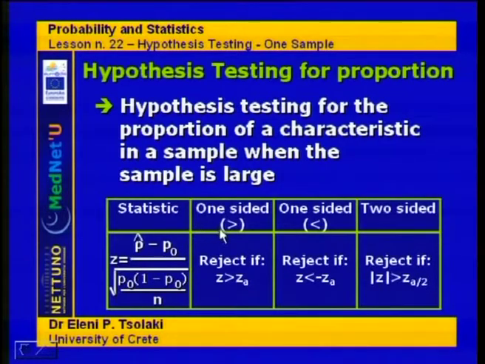If we have a one-sided test, we are going to reject the null hypothesis the same way as before.